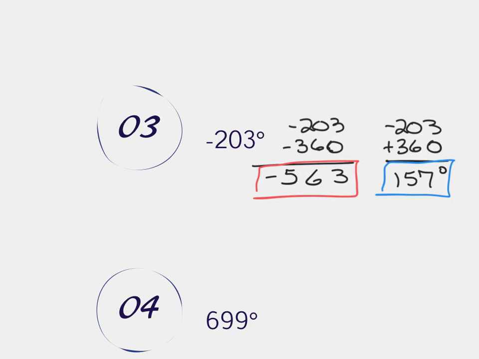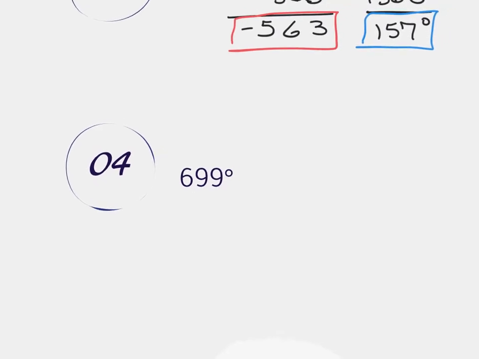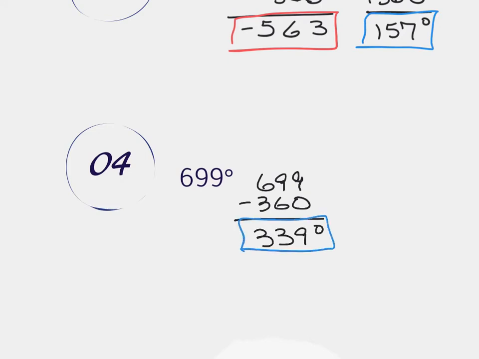699, here's another large one. To get to my negative, I need to subtract 360. However, notice when I do that, I get a positive coterminal. I need to do it one more time to get to the negative.